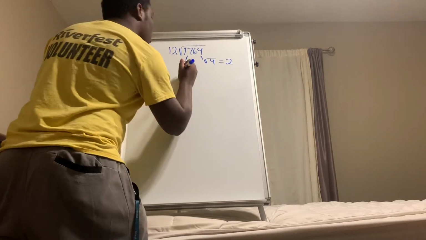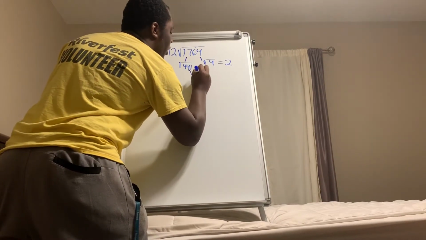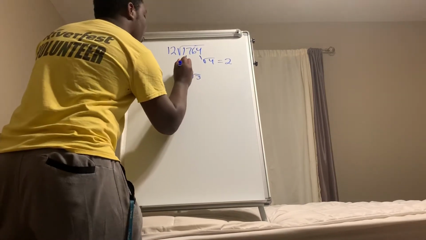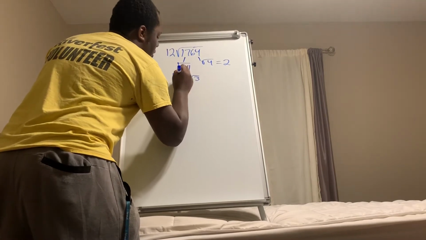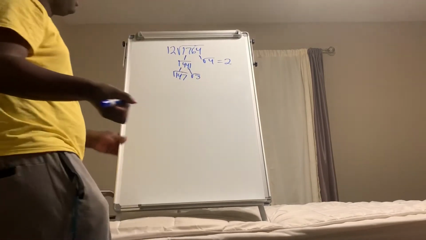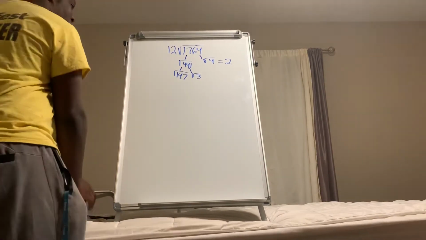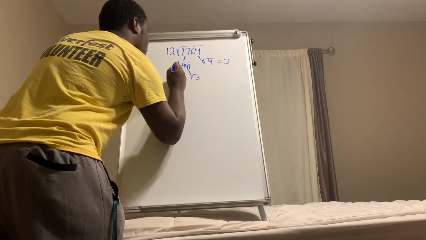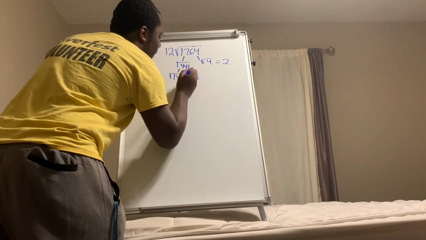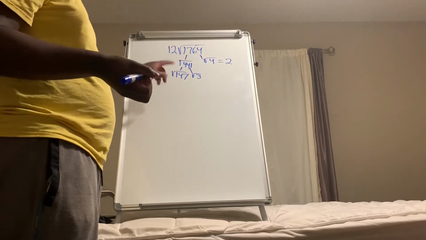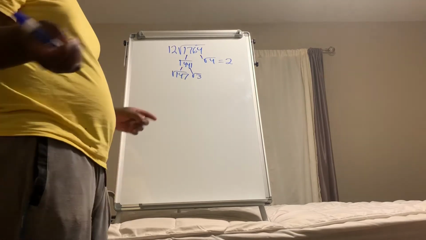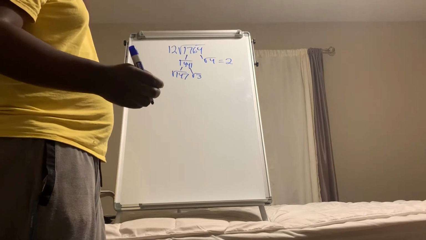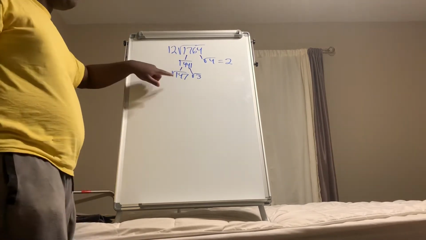So we're going to get 3, the square root of 3. And then 441 divided by 3 is 147. Now, 147 by itself looks kind of prime, but it's not prime.